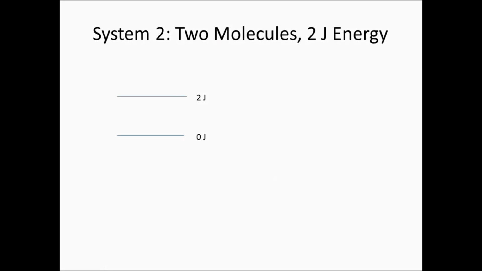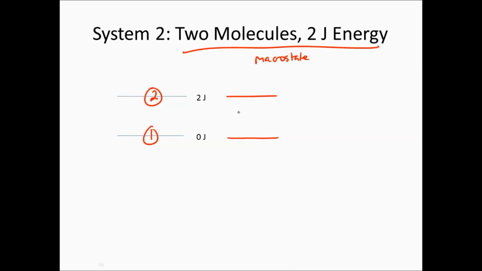In contrast, here, I have 2 joules in my upper level of energy. So, in order to achieve this macrostate, I need to put one molecule in this lower energy level and the other one in the higher one. But what's not to say that I can put molecule 2 down here and molecule 1 here.